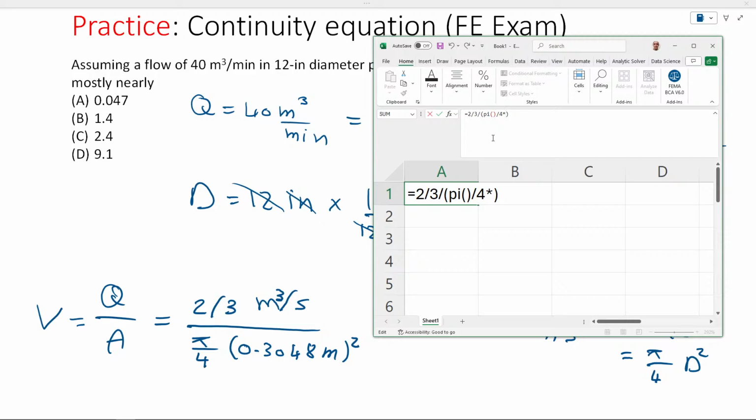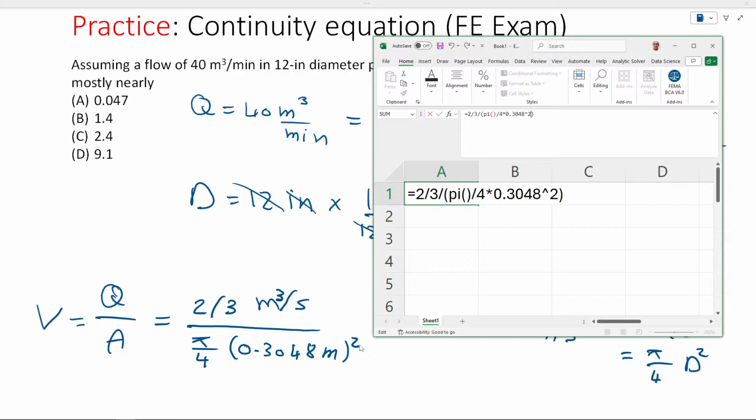No, I don't, because division and multiplication have the same precedence, so it will divide pi by 4 and then multiply by whatever comes next. Times 0.3048 to the power of 2.